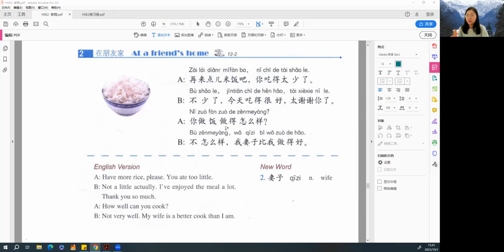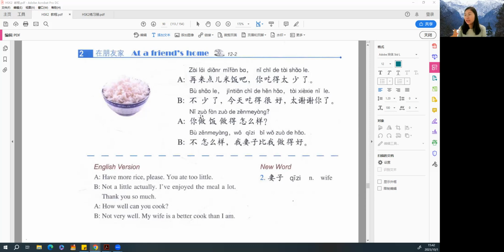你做饭做的怎么样？So 怎么样, how is your cooking? How is your level of cooking? 做的怎么样？其实啊，我做饭做得好，我做饭做得很好，我做饭做得很好吃。Those are all appropriate answers.